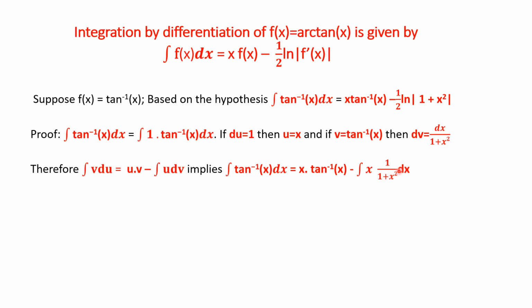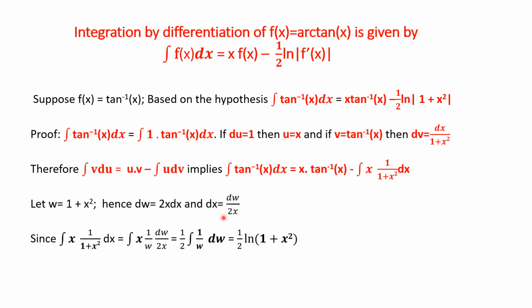So now what we have to do is evaluate this integration. And to do so, we will let w equal 1 plus x squared. Hence, dw is equal to 2x dx. And solving for dx, we will get dx equal to dw divided by 2x.